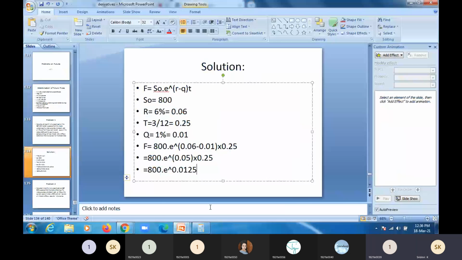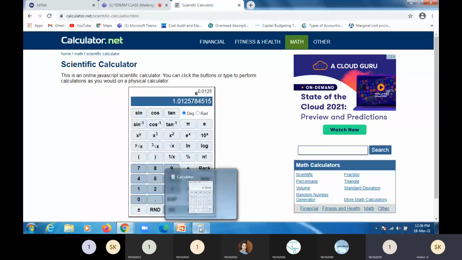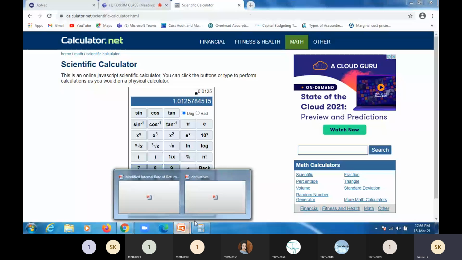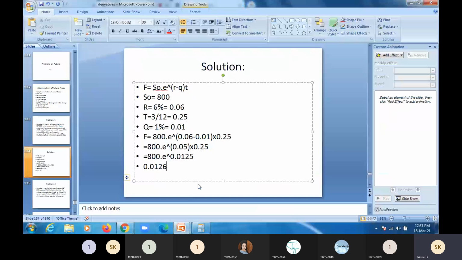Ma'am, is the scientific calculator allowed in the exam? It is allowed, you can take it. So we got the result 1.01257. Instead of 7 we can take it as 6.